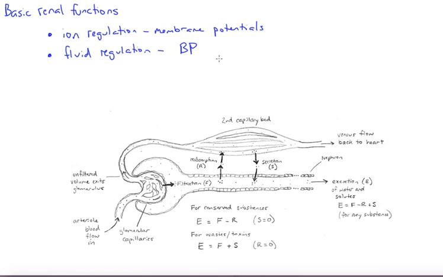And so blood volume and blood pressure are intimately linked, and the kidneys are one of our major sources of regulating how much fluid we retain or excrete. Another one would be basically body fluid osmolarity. And that's true of the ion regulation as well, but it's even more rapidly regulated by fluid regulation.